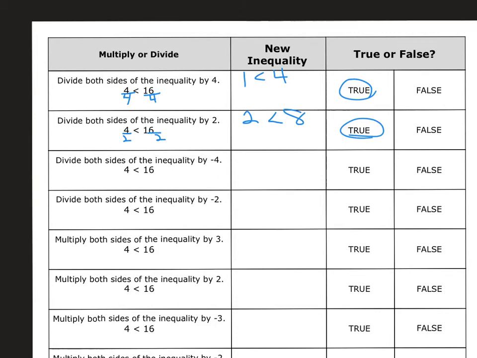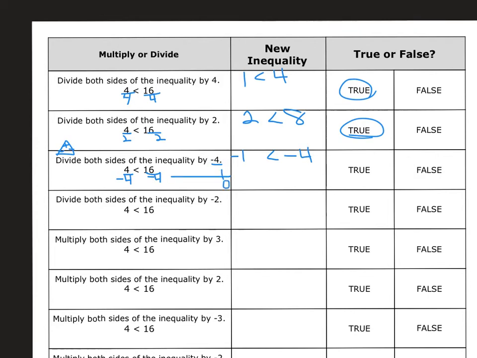Now I'm going to divide both sides of the inequality by a negative 4. Don't forget your triangle when it comes to positives and negatives, when we're dividing and multiplying. 4 divided by a negative 4 is a negative 1, and 16 divided by a negative 4 is a negative 4. Is negative 1 less than negative 4? Let me go back and remember my number line.